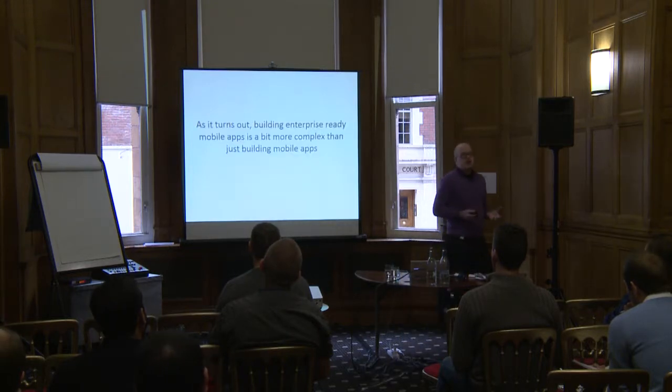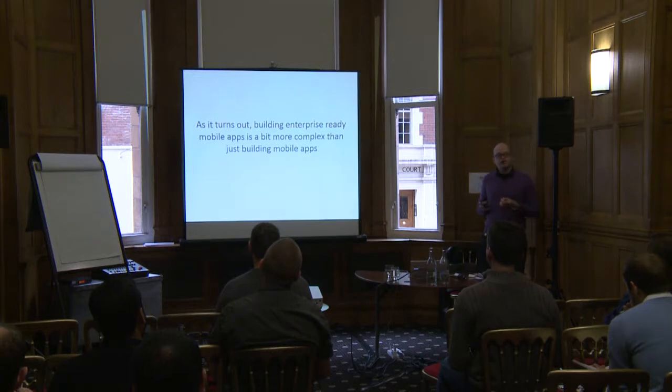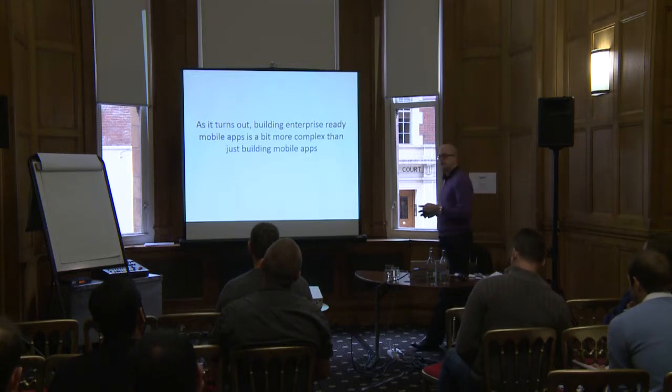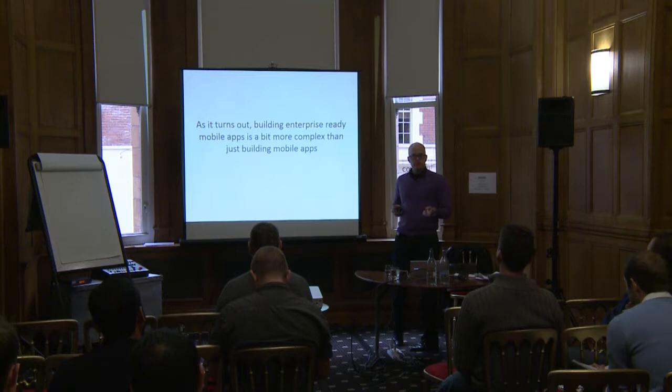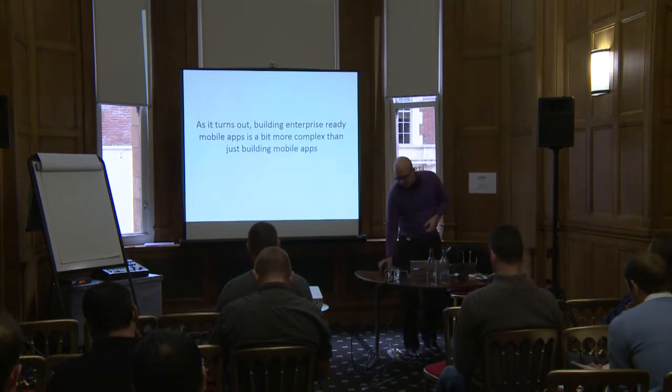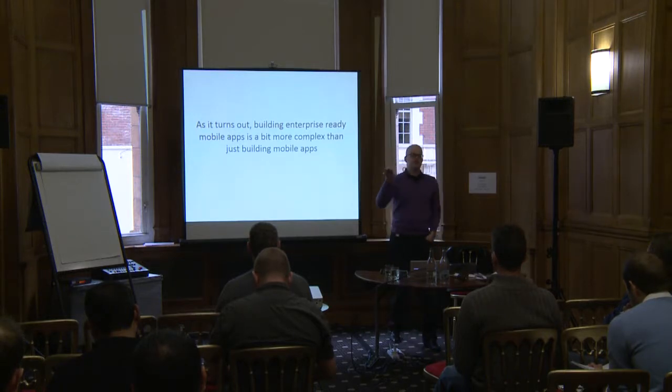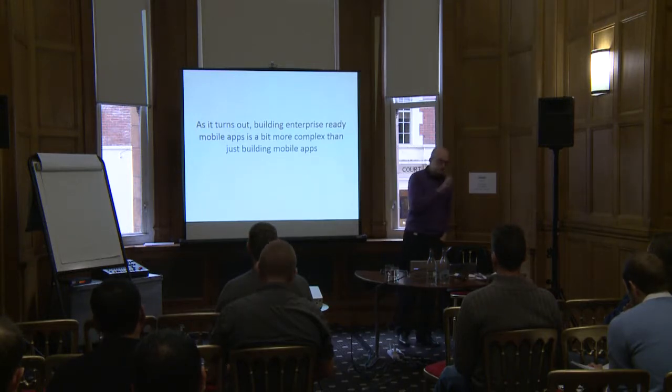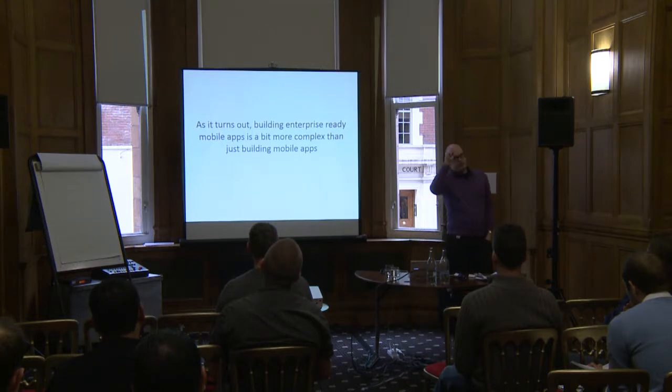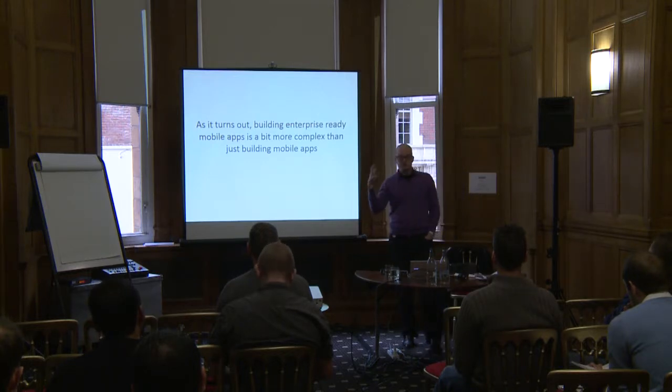Because as it turns out, building enterprise mobile apps is a little bit more complex than building consumer mobile apps. And I was having dinner, I think it was last month, with the guy who was the original VP of mobile for Facebook, Charles John Lee. He was the guy who banked on HTML5 for Facebook, which turned out to be a disaster.